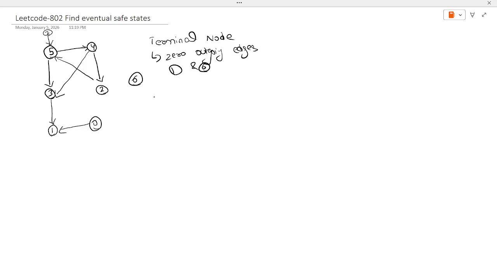And let us understand what a safe node is. A safe node is the one where all the paths from that node lead to a terminal node.